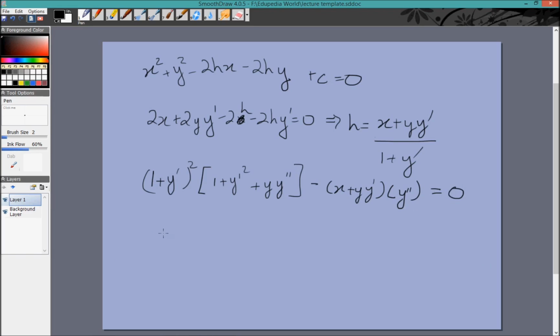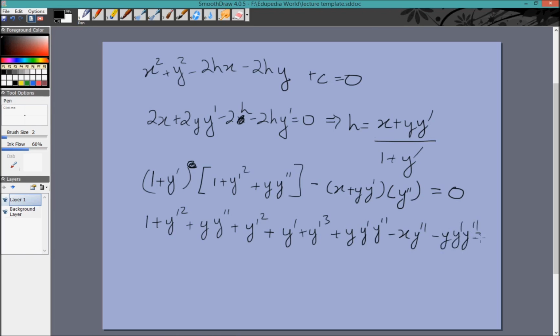So you can expand it and it will give me 1 plus y dash square plus y double dash plus y dash square. This is not square actually, sorry. So 1 plus y dash plus y dash plus y dash cube plus y dash y double dash minus x y double dash minus y dash y double dash equal to 0.